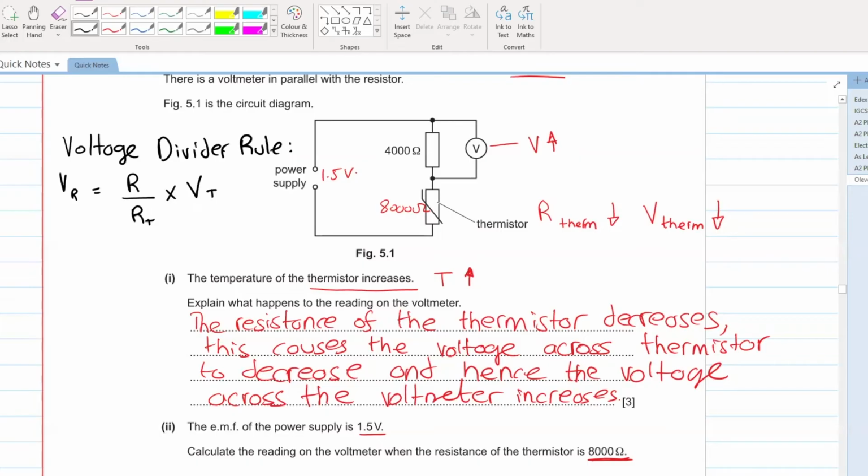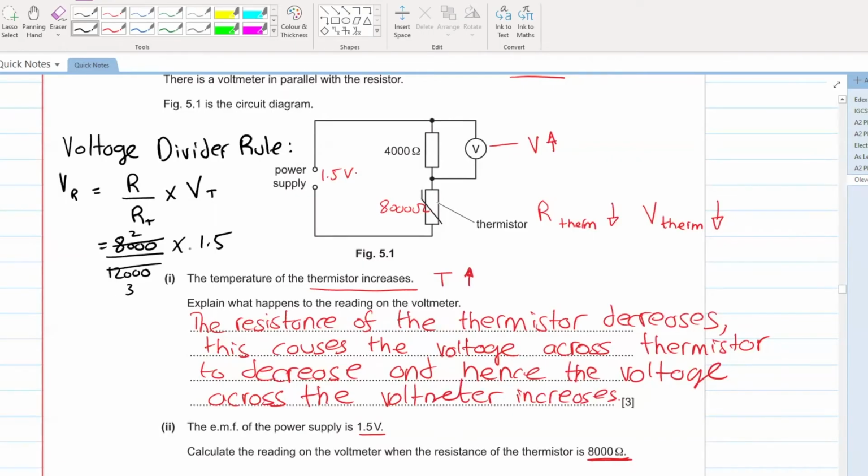Okay? Now here, what is the resistance of your component, the thermistor? 8000. What is the total resistance? 8000 plus 4000, 12000, multiplied by the total voltage, that is 1.5. This becomes 2, this becomes 3. Yes, correct, sorry my bad.